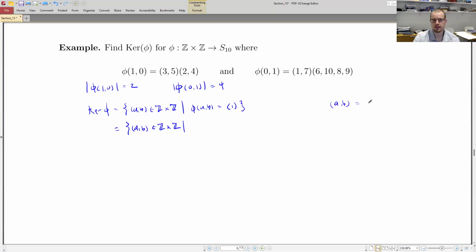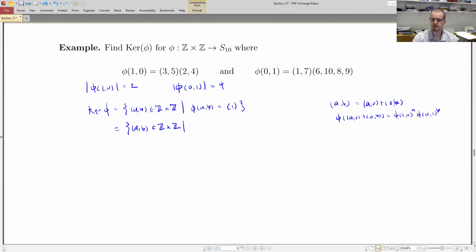So (a, b) we can think of, in Z cross Z, it's addition. This would be (a, 0) plus (0, b), and that's fine. But that gives us that the image of (a, 0) plus (0, b) is equal to phi of (1,0) raised to the a power times phi of (0,1) raised to the b power.